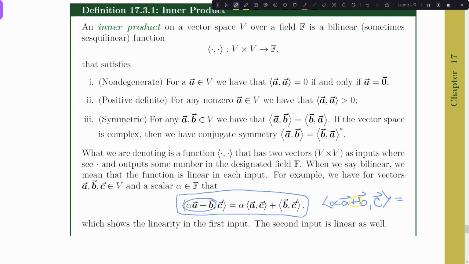So splitting over addition would give me alpha A comma C plus B comma C. And you're also able to pull scalars out front. So I can pull alpha out front, and that gives me alpha A comma C plus B comma C.